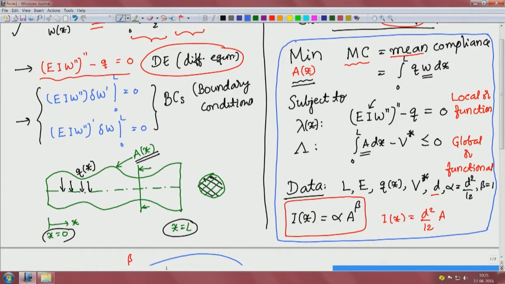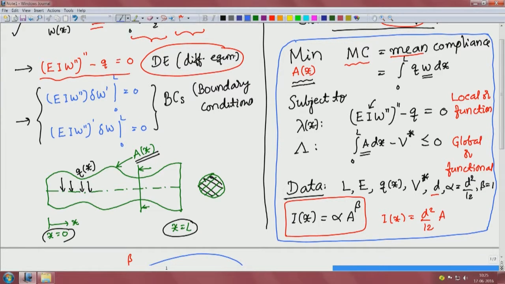Since we spent quite a bit of time in understanding calculus of variations, we should be able to solve any problem that is given to us when the problem statement is complete, meaning that everything is properly written up. Then any number of constraints, whether equality, inequality, local or global, does not really matter. We can just mechanically do the variation, write the differential equation, boundary conditions, and formulate the equations, which when we solve, solve the problem of structural optimization.